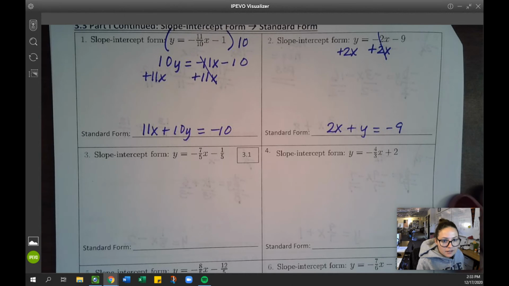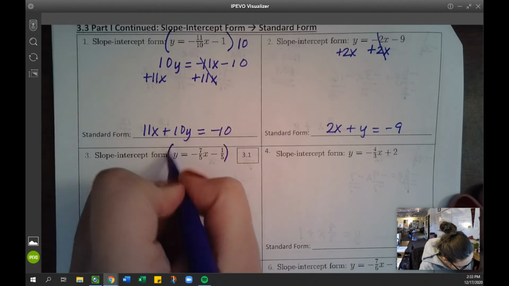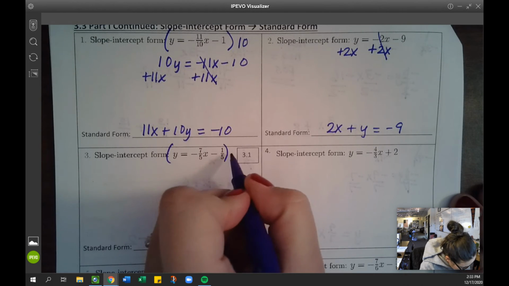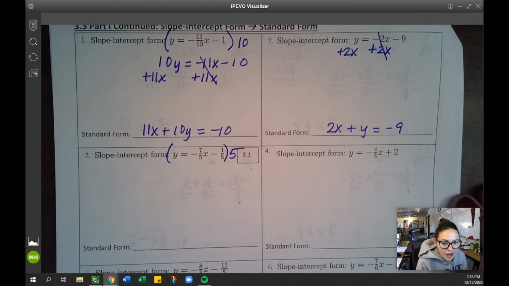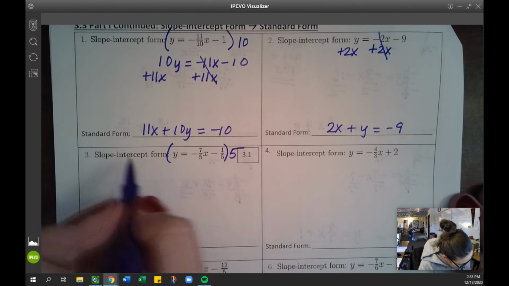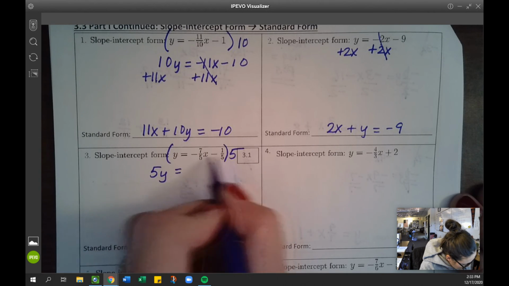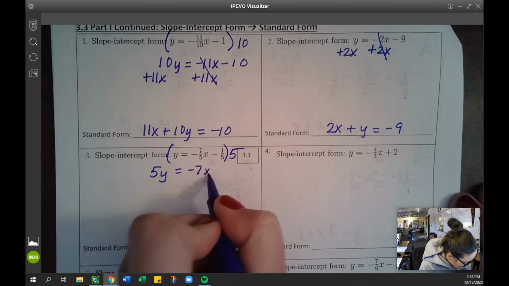Number 3. Step 1, clear the fractions. So they both have a denominator of 5, which means I'm going to multiply everything by 5. So that gives me 5y. If I multiply that by 5, I get negative 7x.